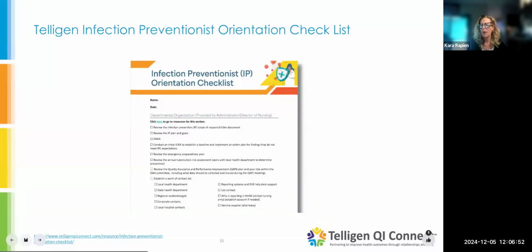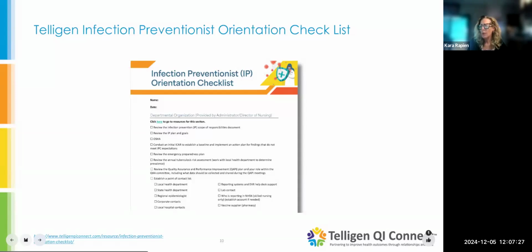And finally, a review of your respiratory protection program and any implementation of one if your facility does not have one already. Whether you're new to your role as an IP or if you've been in this role for a while, if you have not already done so, we encourage you to conduct an initial ICAR, an initial infection control tour in your building, to establish a good baseline and an action plan for any findings that do not meet your infection prevention standards.